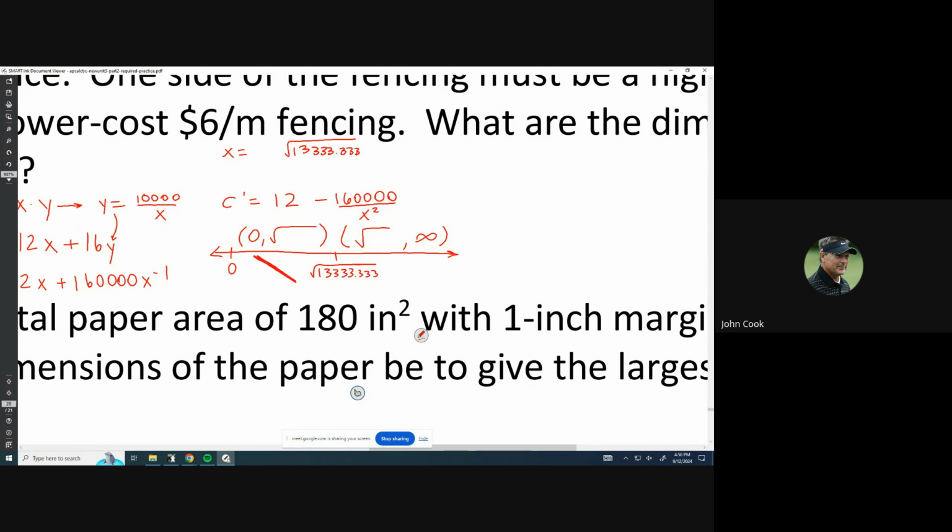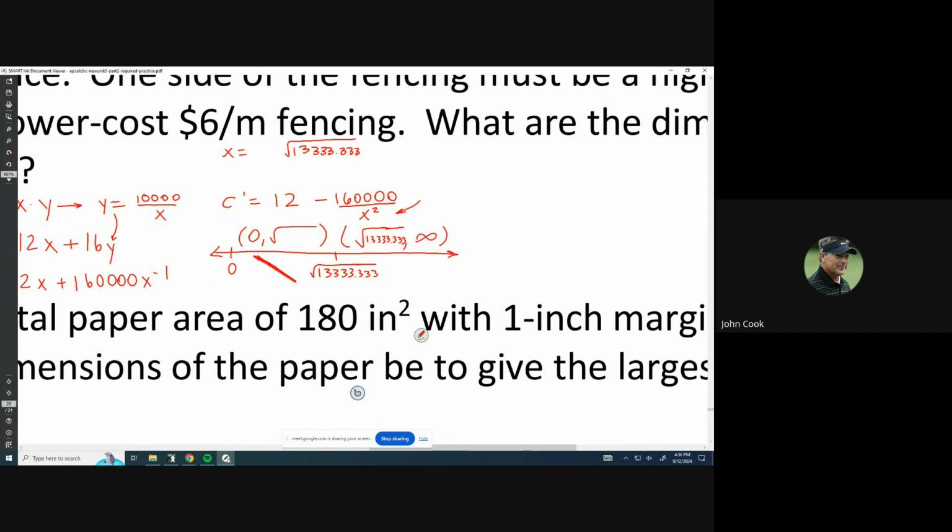And then for numbers that are greater than the square root of 13,333.333 and infinity, I'd think about my next couple steps. Whatever number I pick here, I'm going to square it. And what would be an awesome number to pick between the square root of 13,333.333 and infinity?